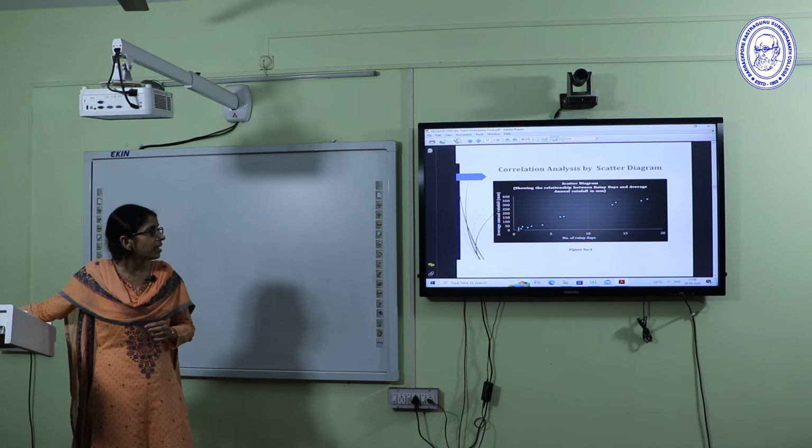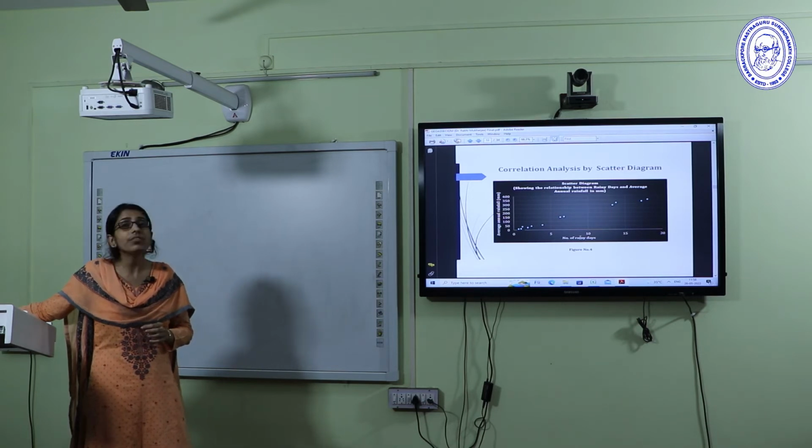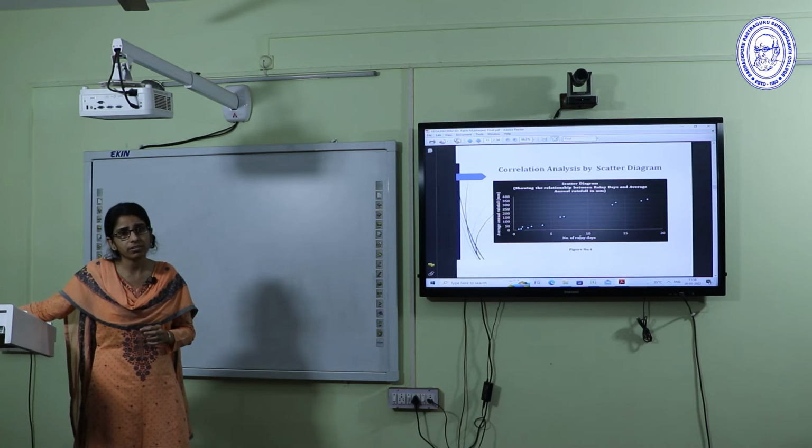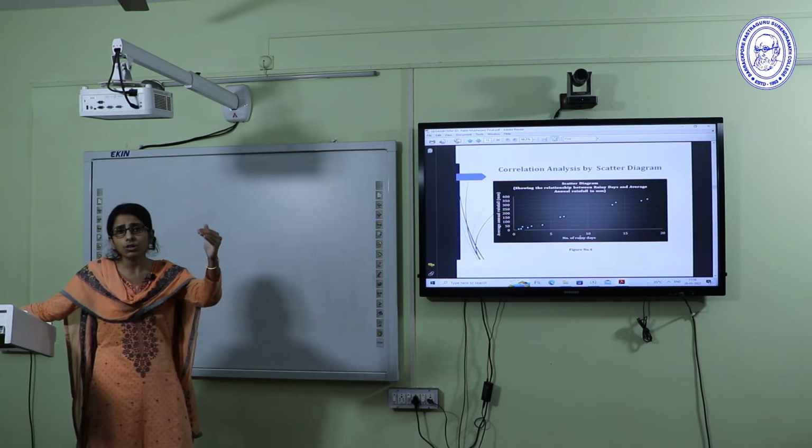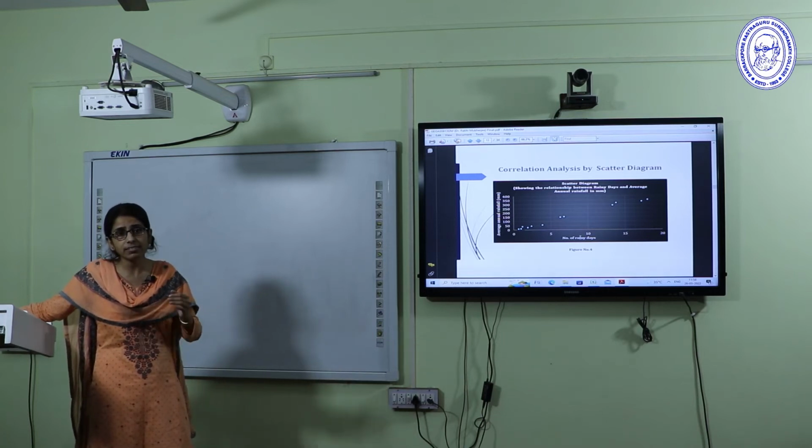That means as the average annual rainfall increases, the number of rainy days also increases. That means a positive correlation exists between the two variables.